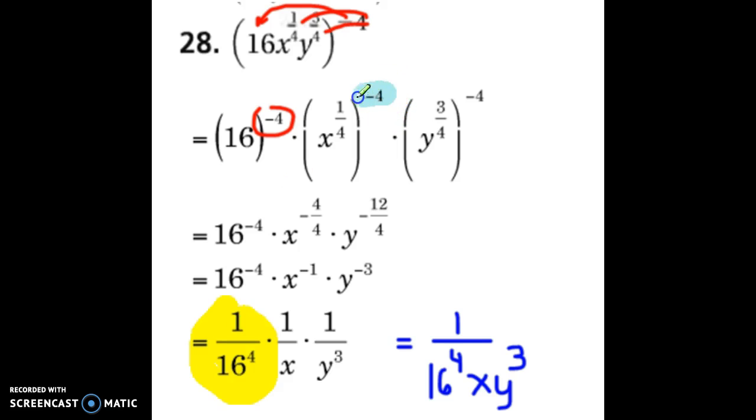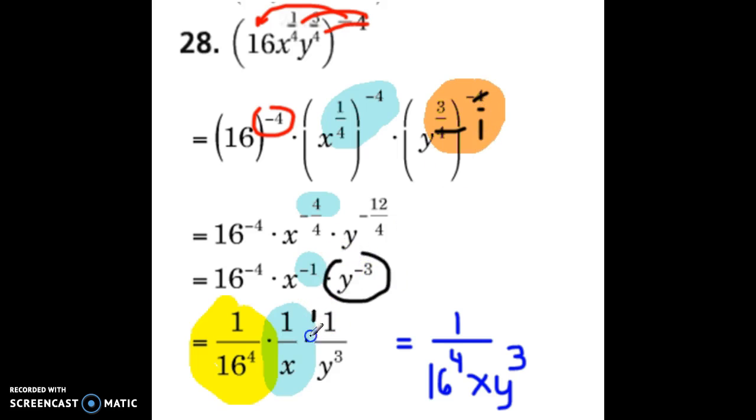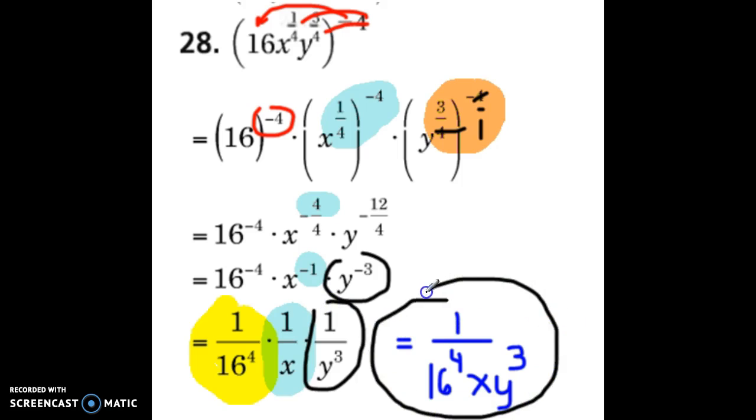Then I have negative 4 times 1/4, so that gives me negative 1. That's how I got 1 over x. And then 3/4 times negative 4, I notice those 4's cancel out, and I'm left with y to the negative 3rd, so that goes in the denominator. That's how I got that solution.